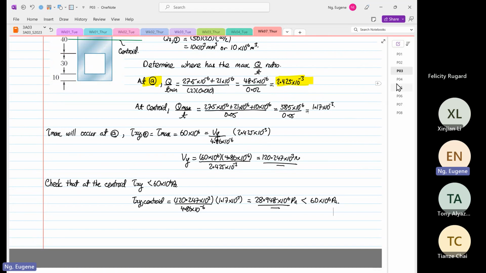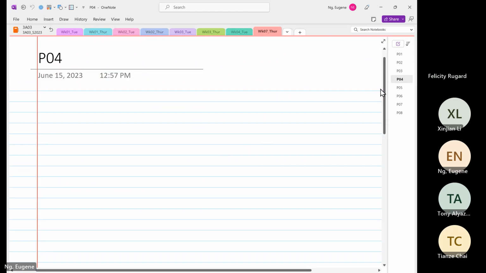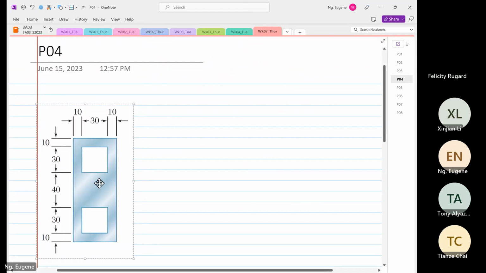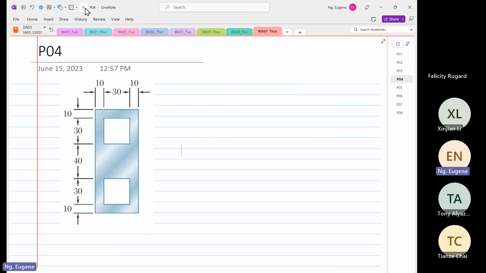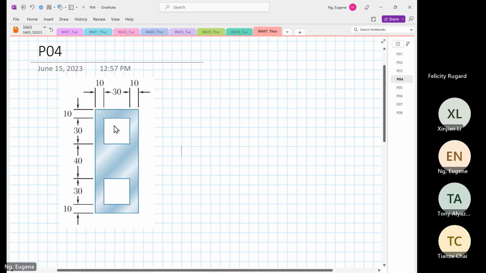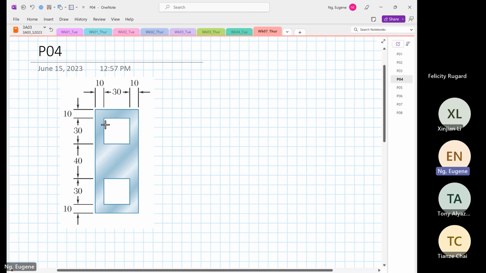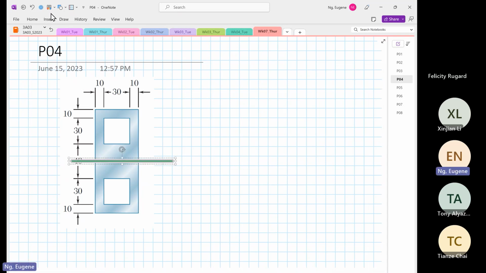So if I'm going to sketch, I'm going to take this cross section, and let me draw our centroid. So this is where our centroid is.